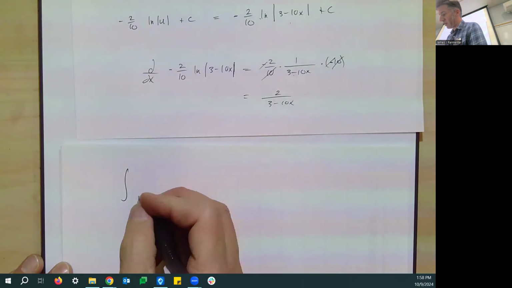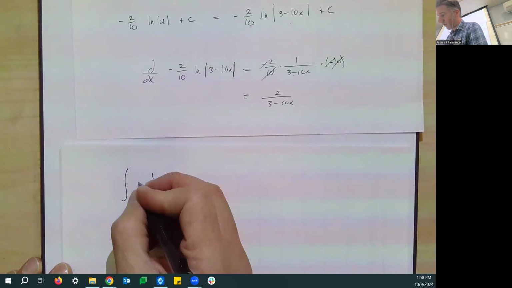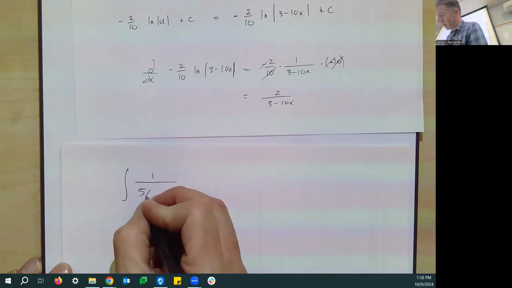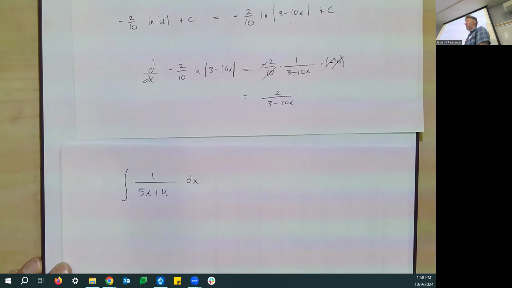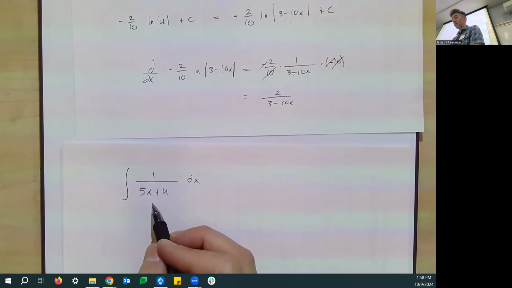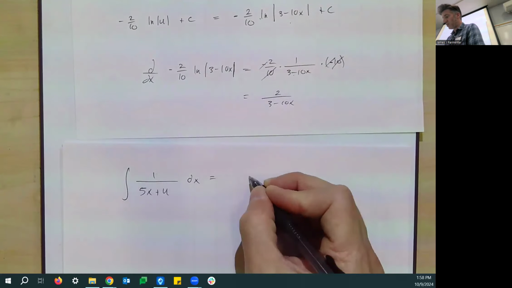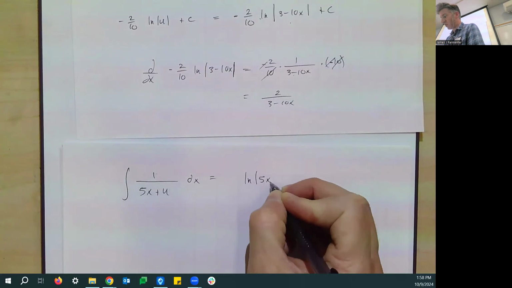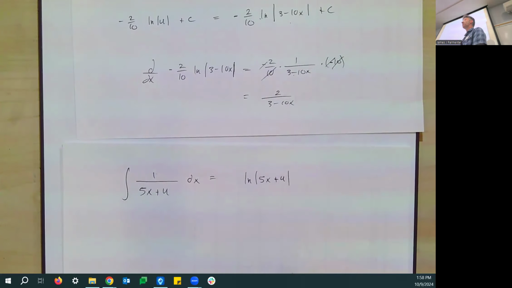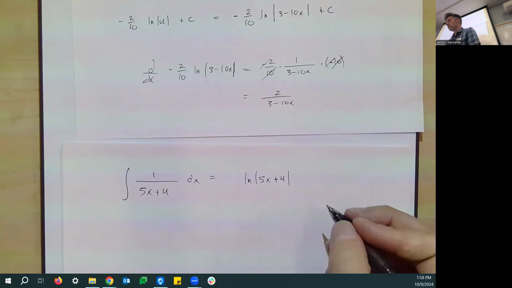So if I was integrating something like 1 over 5x plus 4, I know that's 1 over a linear function of x. I know the integral of 1 over x is the natural log of the absolute value of x. So the integral of 1 over a linear function of x should be the natural log of the absolute value of that linear function, plus c.